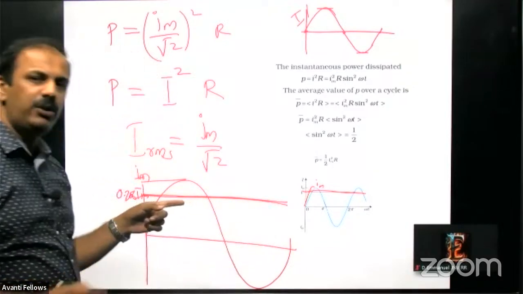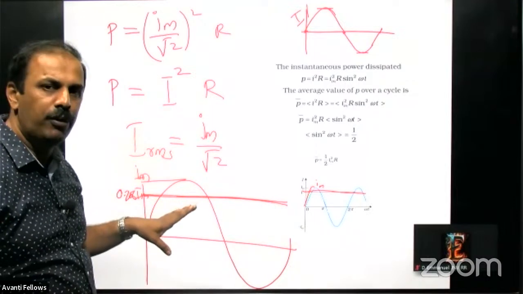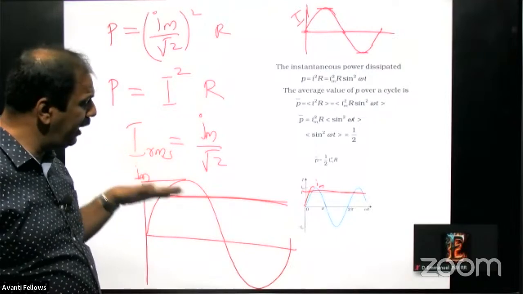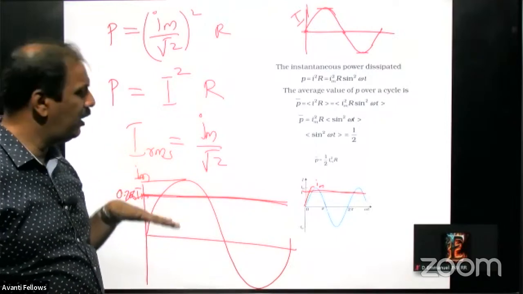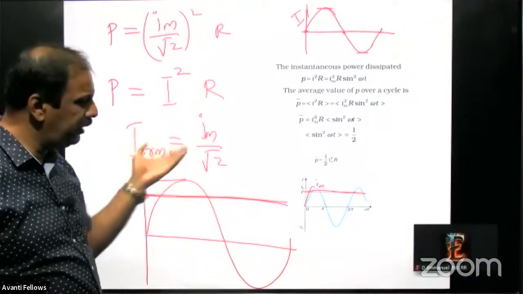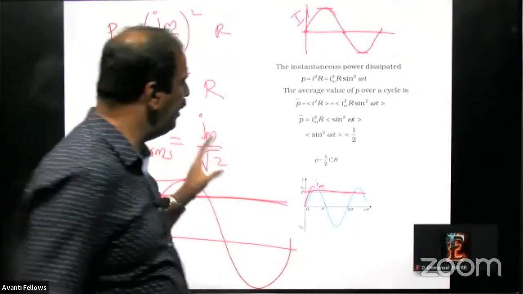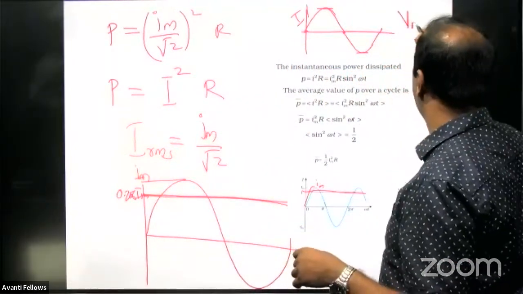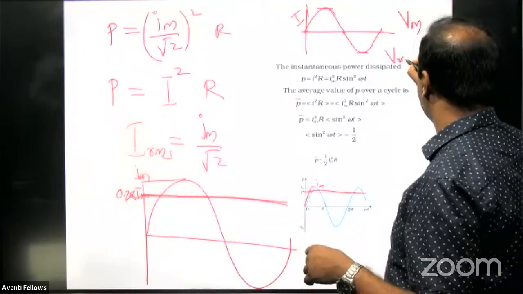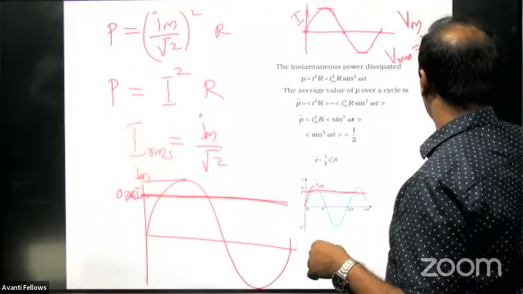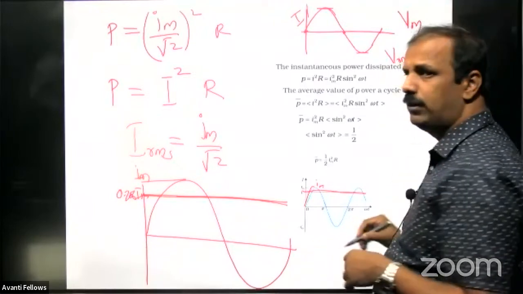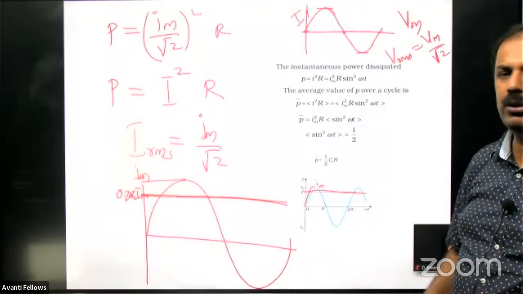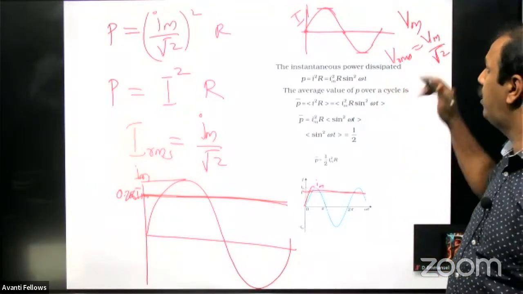So this RMS value is the effective value of AC. That is, it is equivalent to a DC of that current. Voltage is the same thing, which we will discuss later. So for voltage and current, the RMS value means the maximum value divided by root 2. For voltage Vm, the RMS value of voltage is Vm divided by root 2. Okay, so we will do some problems on that. Then you will get a clear idea about what this RMS value is about.